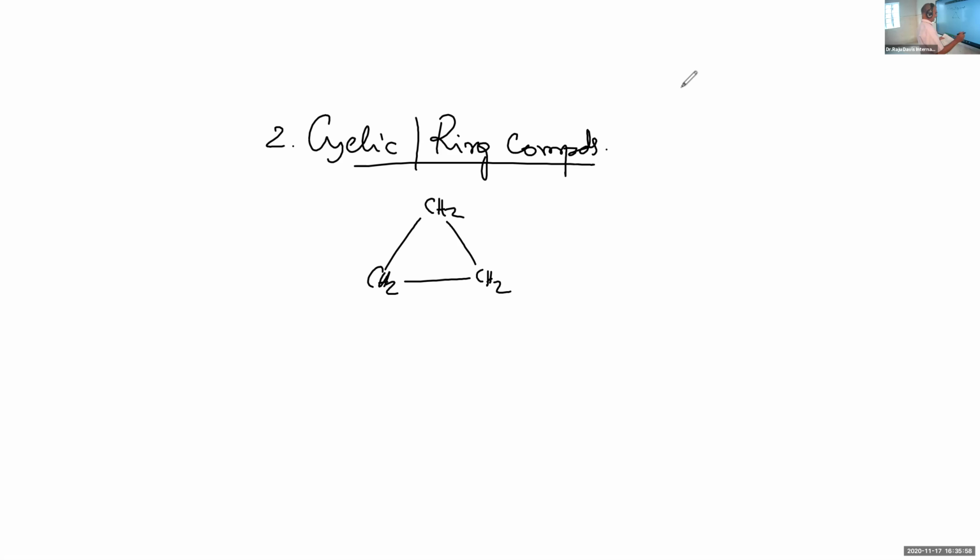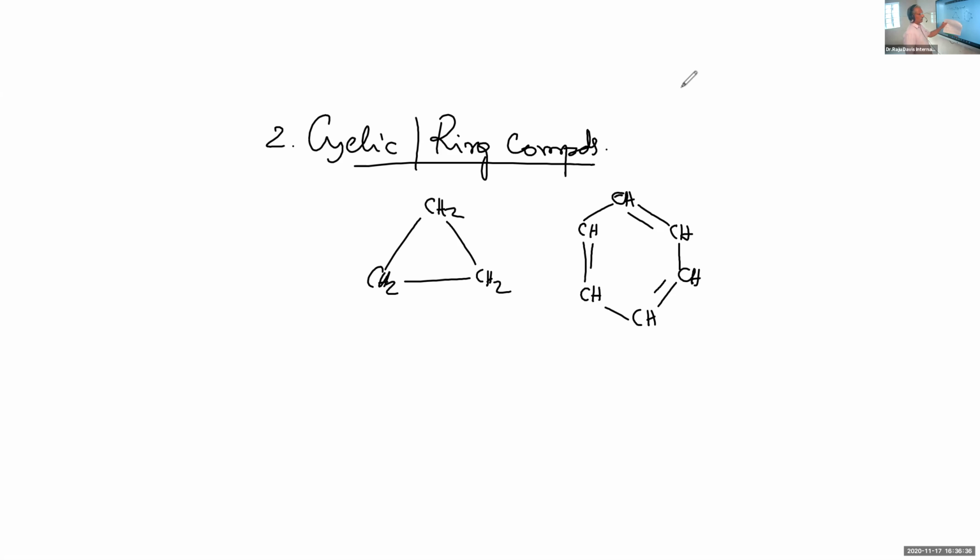You take, say, benzene: CH, CH, CH, CH, CH, CH, with alternate single bond and double bond. The carbon chain is closed. Such compounds are called cyclic compounds or ring compounds.